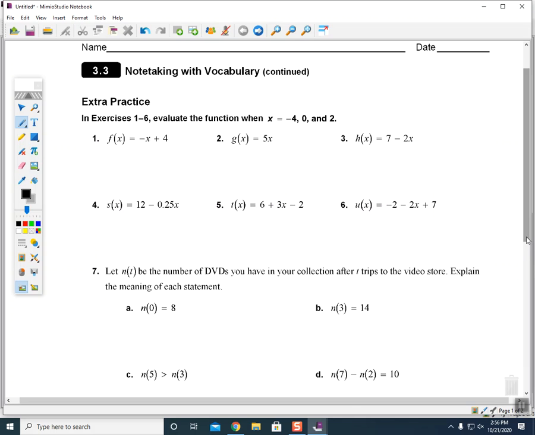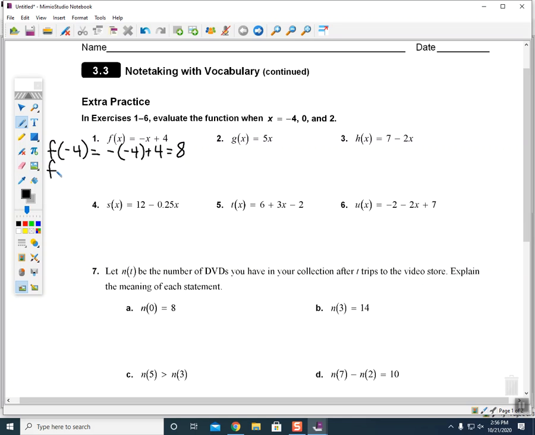My first one, I'm going to have f of -4 equals -(-4) plus 4. I know that 2 negatives make a positive, so I've actually got +4 plus 4, which is going to give me 8. So f of -4 equals 8.